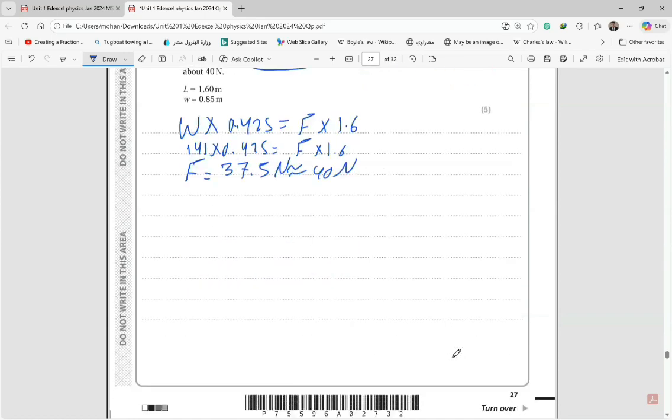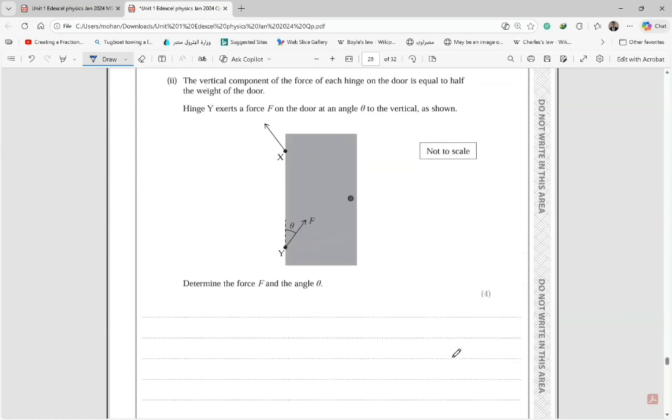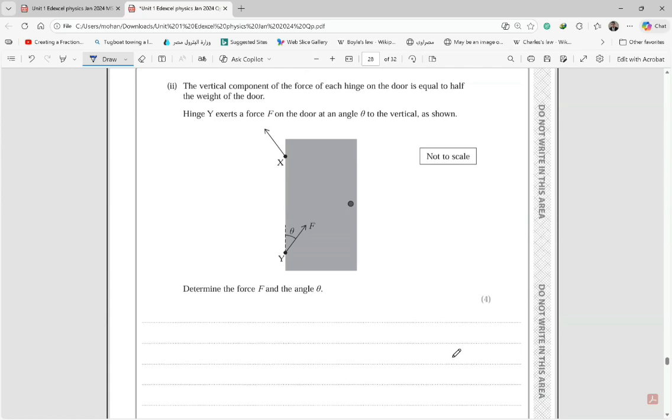The second point here, they said that the vertical component of the force acting of each hinge on the door is equal to half of the weight of the door. The weight of the door, as we got, is 141 Newton. Half of it, 141 over 2, equals 70.5 Newton. We want to get this force, and the angle.